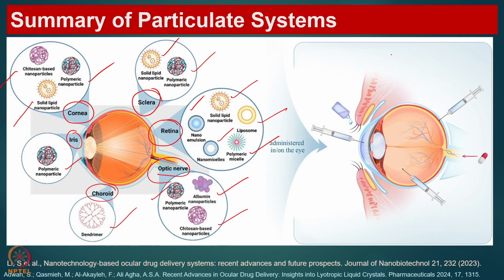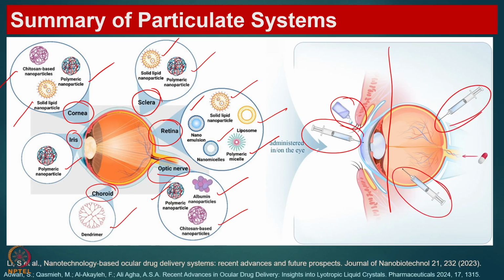Some of them are anterior routes, which may be topicals, and injections, some intravitreal, and also for the posterior segment. So, this needs to be translated into the right dosage form and delivered by the right routes of administration, then only your treatment can be fulfilled.